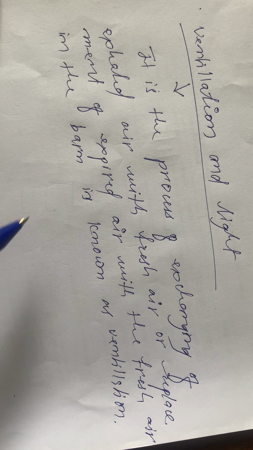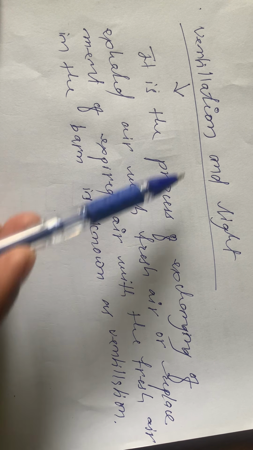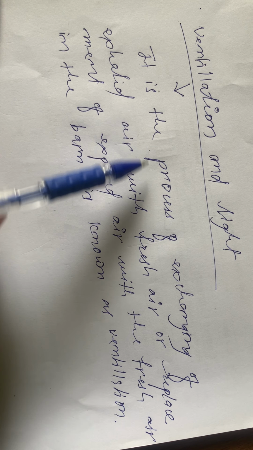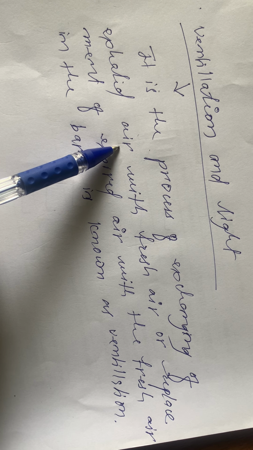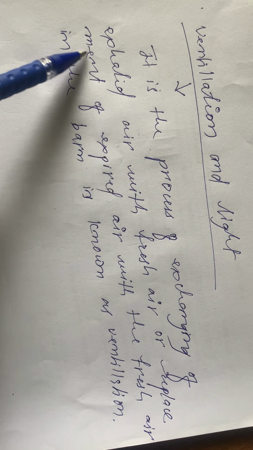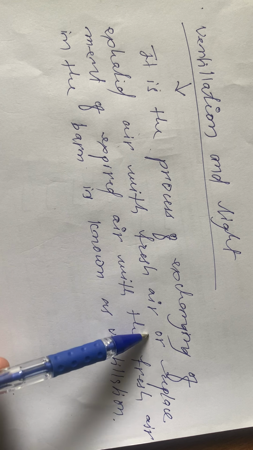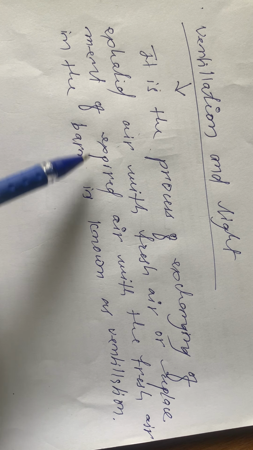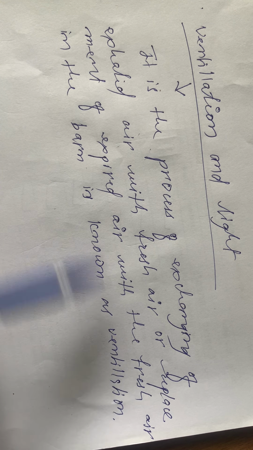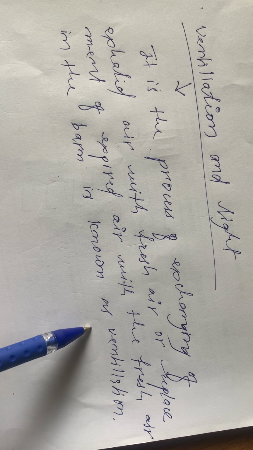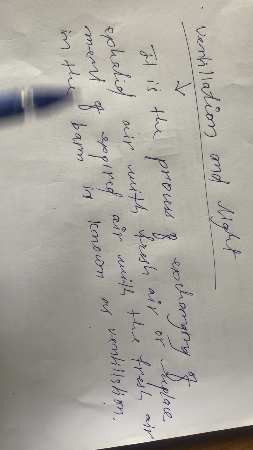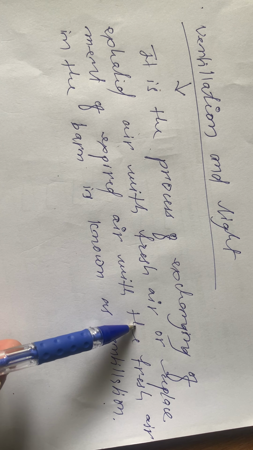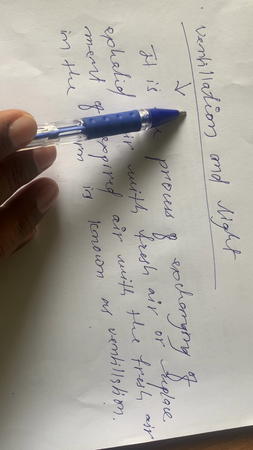Let us try to understand the definition of ventilation. It is the process of exchanging the exhaled air with fresh air, or replacement of expired air with fresh air in the barn. It means that whatever air is exhaled, that air is replaced with fresh air, and this is called ventilation.